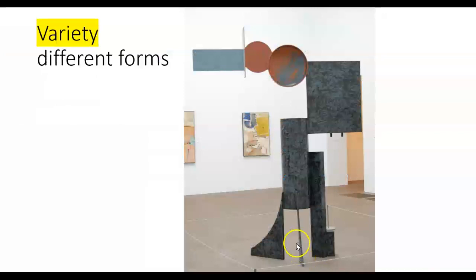Okay, and so variety. We've got repeated circles here, and that would be a repetition. There's a little variety in them. There's a little variety in the coloring of them. We've also got these geometric rectangular forms. They're not exactly the same. In fact, none of them are exact. Nothing here really is exactly the same.